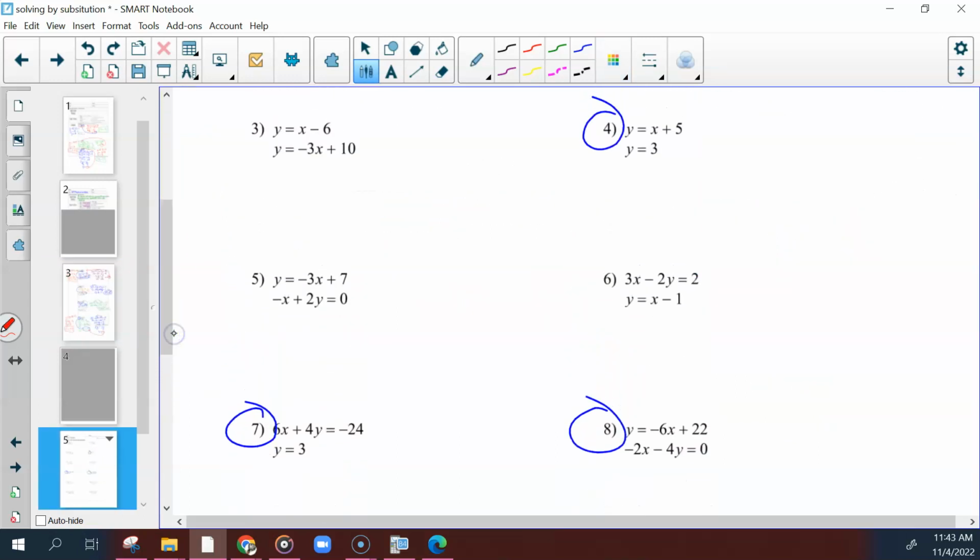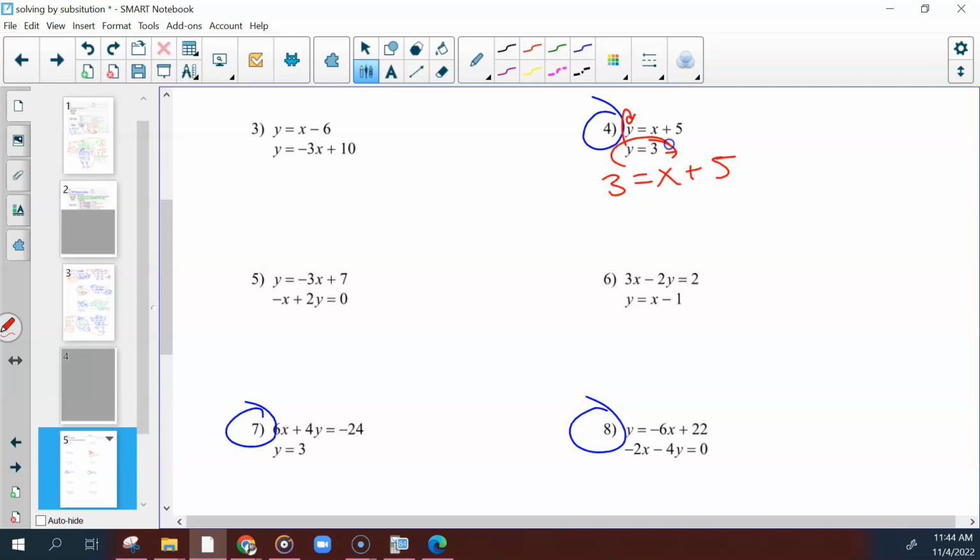Three more, and then you have time to practice. Okay, 4 and 7 are very similar. What's nice about these problems, because they are an x equals or a y equals, they're giving you part of the problem. So you don't have to solve for y because we already know what it is. We just have to find x. So we can take this and put it in for x. No, disregard what I just said. Take it and put it in for y is what I meant, to solve for x. There we go.